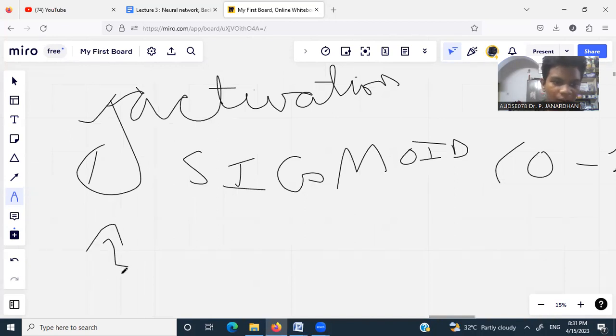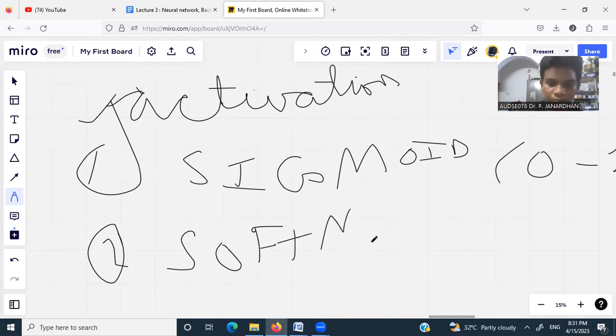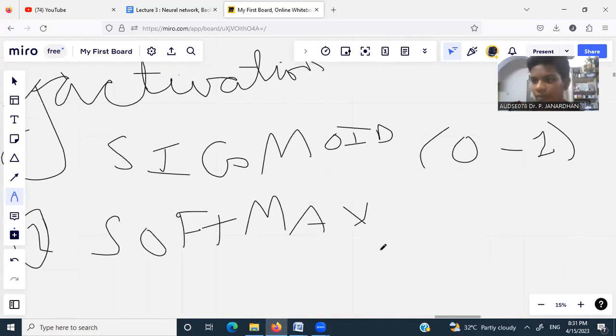And the second type of activation function is softmax. What this softmax function does is, for example, if you want to build a model that can classify between, let's say, 4 classes. For example, let's say you build a model that can detect me and 4 of my friends.